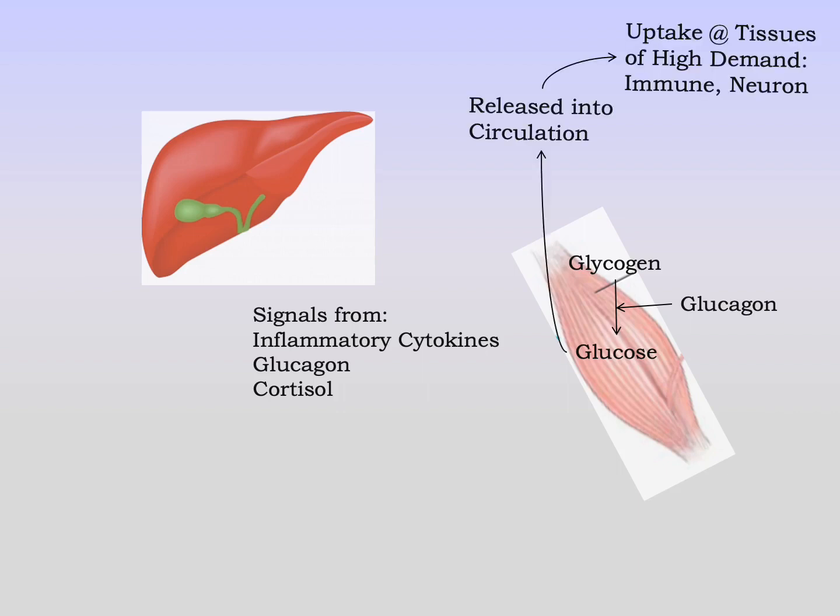However, when we have inflammation happen at the same time, this glucose will go about being released into circulation to go to tissues that are glucose obligated tissues, immune tissue, neurons. At the same time, if we happen to have the inflammatory responses, we're going to get cortisol coming in.